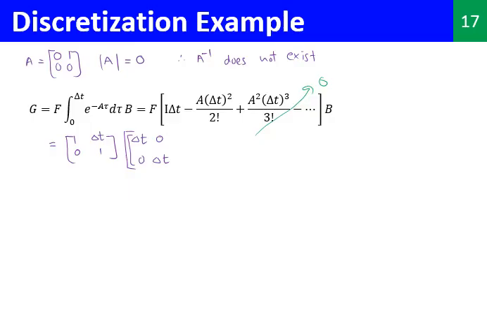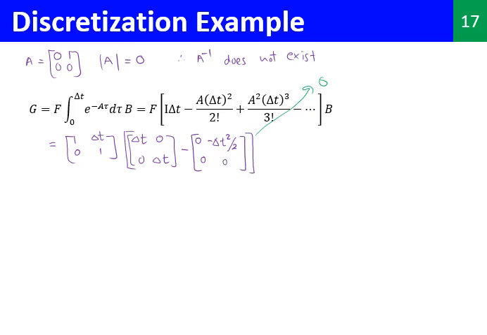So that matrix minus, here we have 0, delta t squared, and we have the minus sign and also the 2 factorial, and then 0 and 0 here.